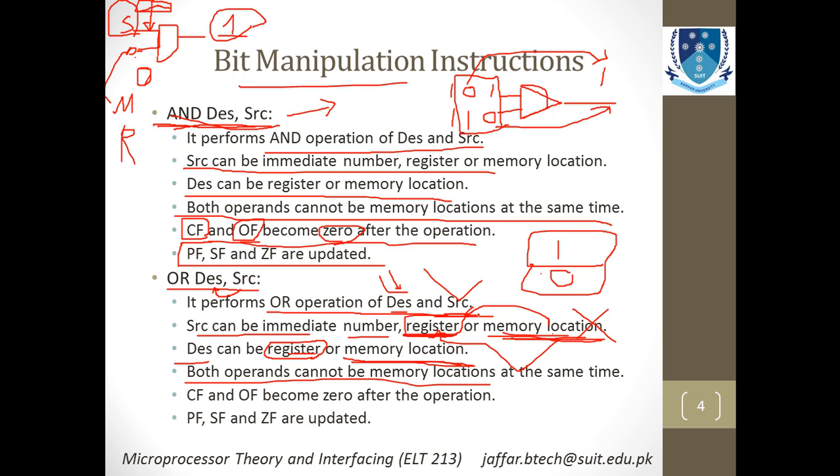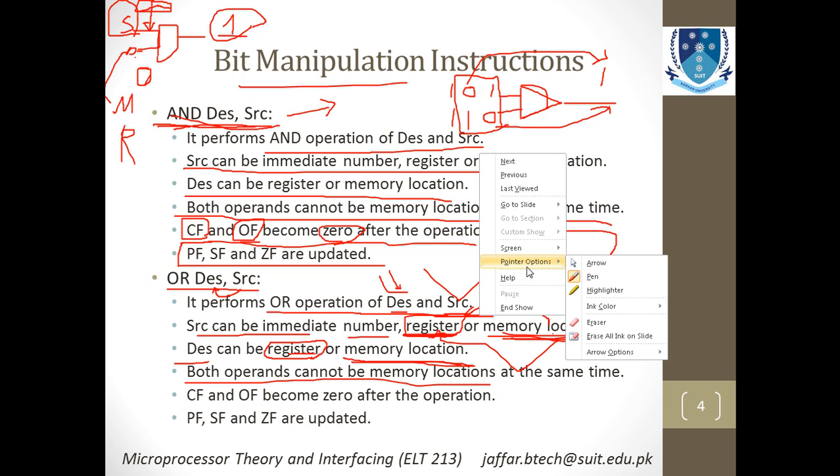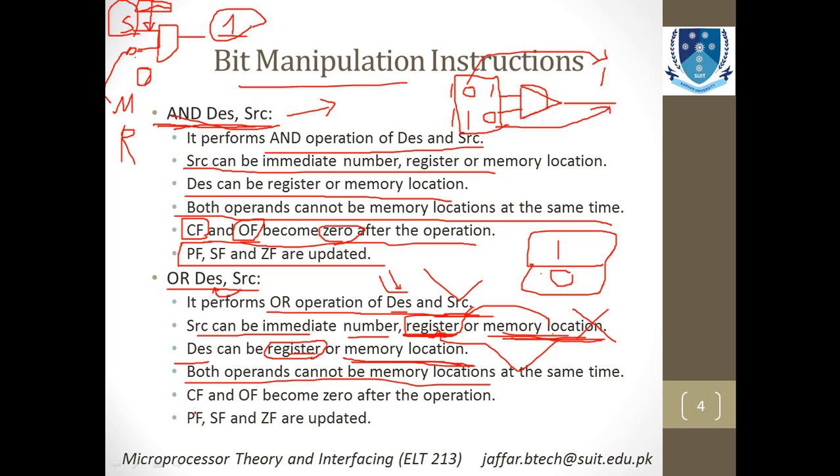This is the same point as mentioned above: the carry flag and overflow flag will also become zero after the operation, because only a few bits are basically toggling. Managing one bit is not much, because you will not need a carry or an overflow flag to save these bits individually.